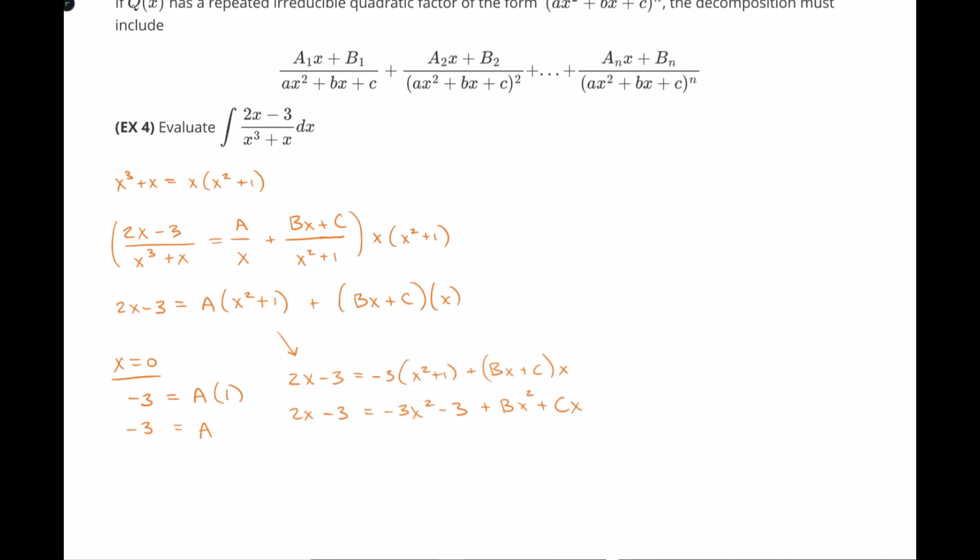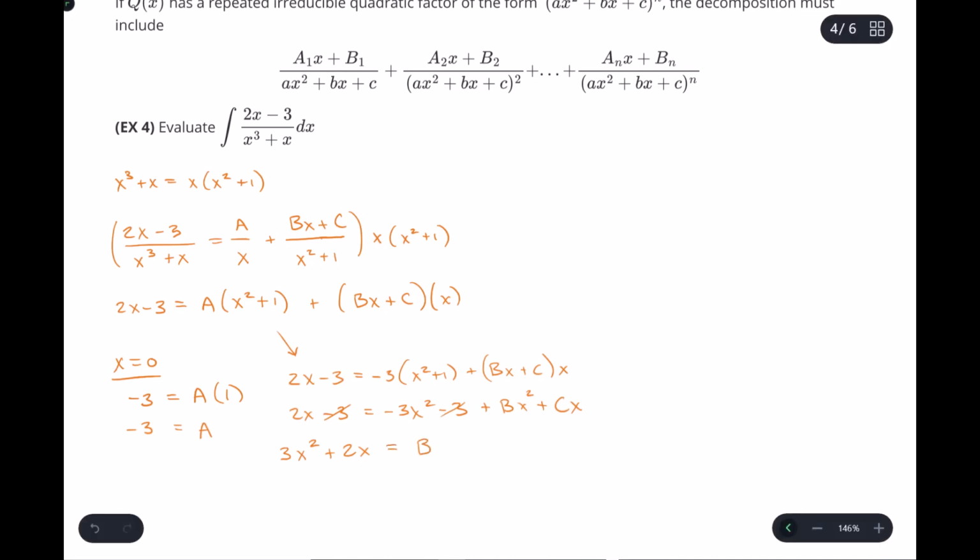Now, everything with no b or c term, I'm going to get it to one side. All right, so when I move the negative 3x squared over, that's going to give me positive 3x squared plus 2x. And in fact, if I add 3 over here and add 3 there, that's just going to cancel, so that will disappear.